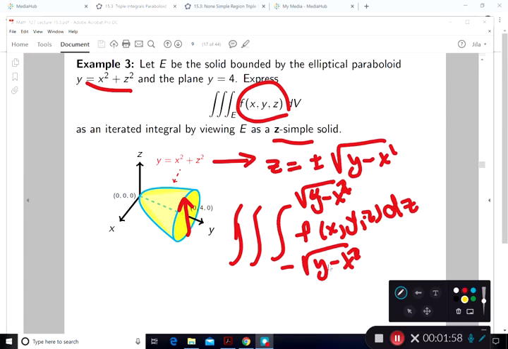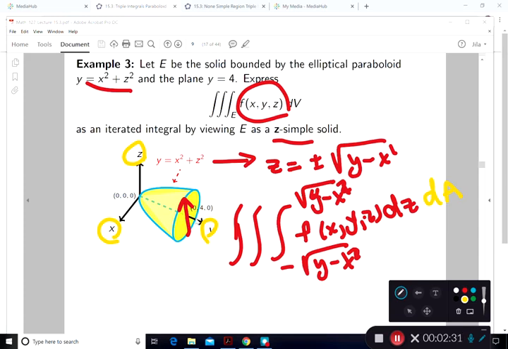Remember, when we set up the most inner integral, we have to figure out the projection of the solid on the plane that contains the other two variables. Since the most inner is dz, we have to find the projection over x and y.